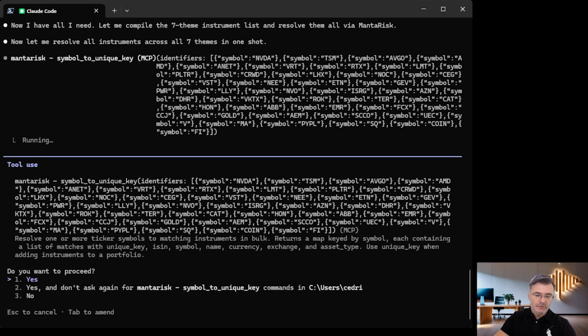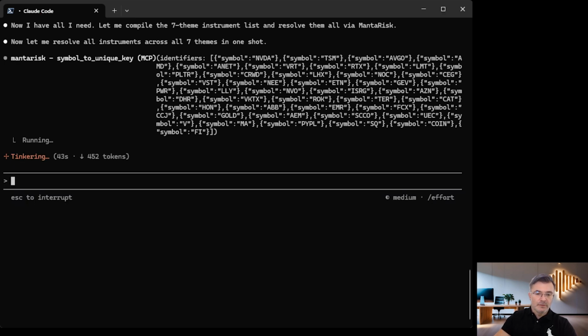Okay, so it's found those instruments, and now it's talking to MantaRisk to resolve them into instruments that we obviously have in our database. So we have 1.5 million instruments in the database with historical data. And this is why it makes sense to pair MantaRisk with an LLM, because for an LLM to access all of this data and calculate correlation matrices across all of that just doesn't make sense, right?